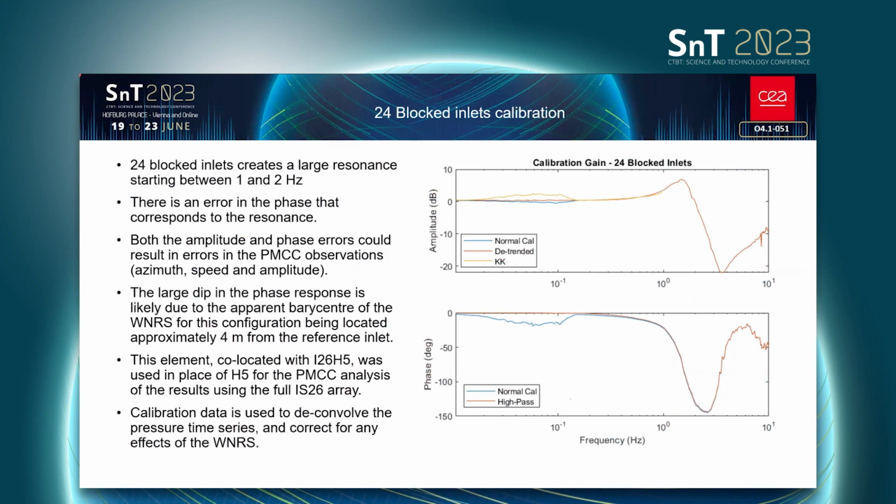And in addition, there's a fairly large phase dip that occurs just after this resonance, of almost 150 degrees. And of course, 150 degrees phase error will have an effect on the timing of the time delay of arrival, essentially. And so that obviously could be a problem for PMCC measurements.